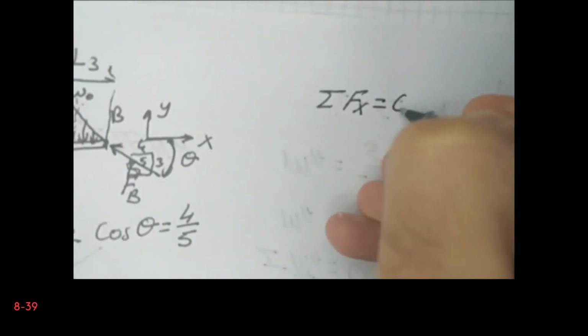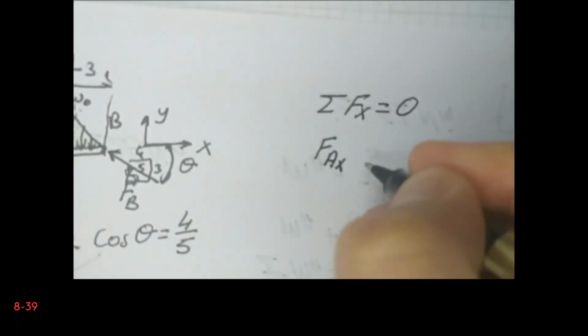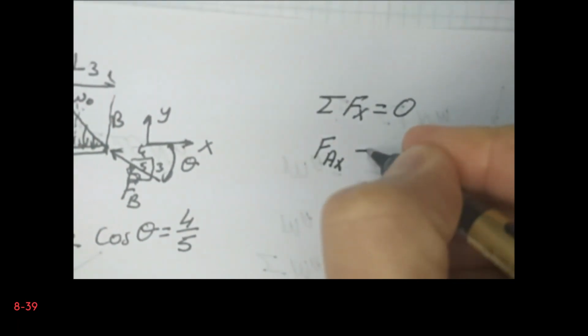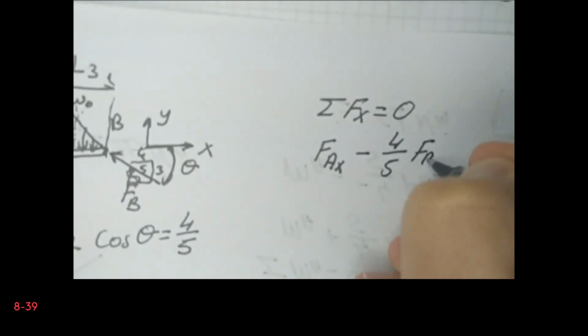So in the x direction we have FAX minus 4/5 FB, and that's equal to 0. So FAX can be calculated from here as 8 kilonewtons.